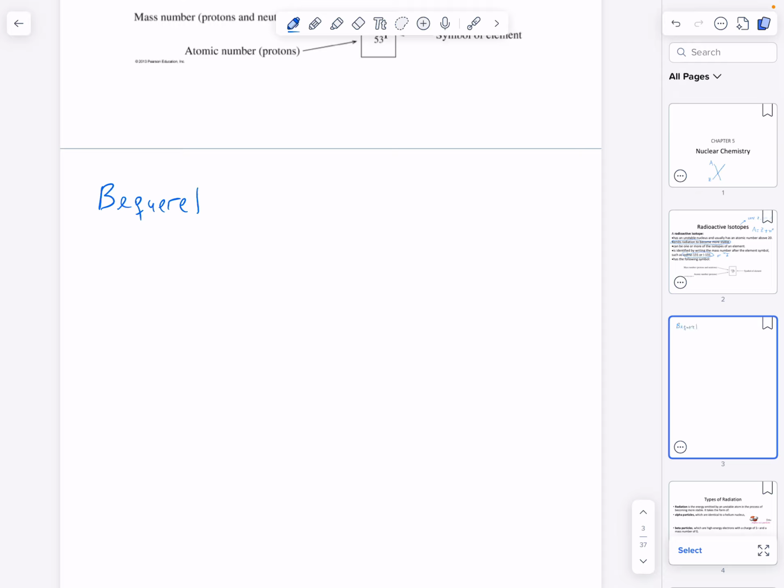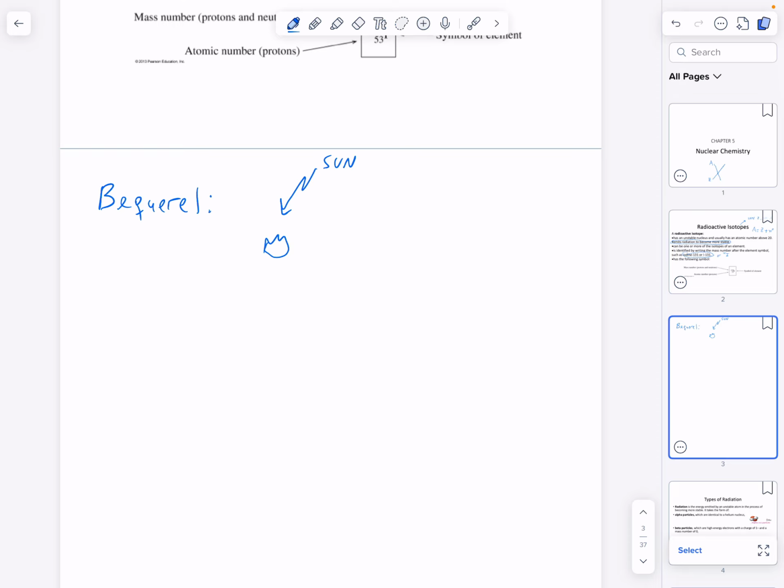Henry Becquerel was studying fluorescence and phosphorescence. So what he did is he looked for different kinds of rocks in the mines, and whenever he found one, he charged the rock under the sun.